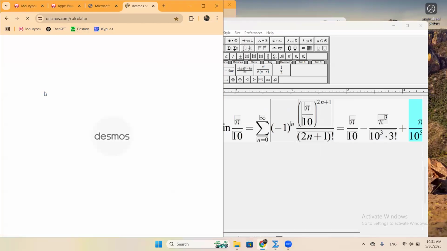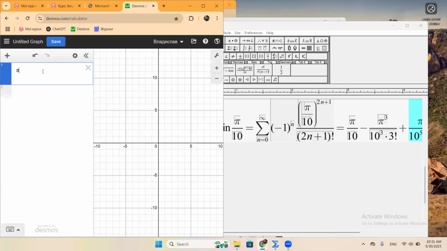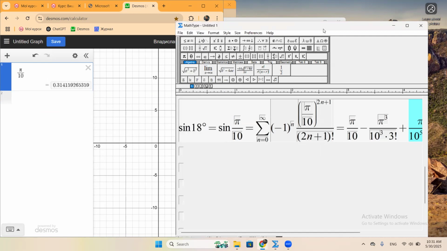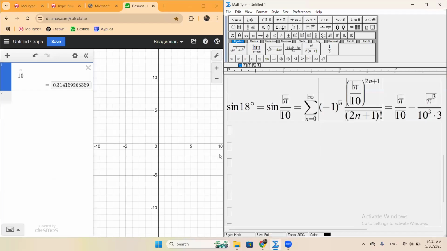So let's do it. So pi over 10 equals, so pi over 10 is less than the required accuracy. So continue. Oh no, it's greater. So continuing calculating.